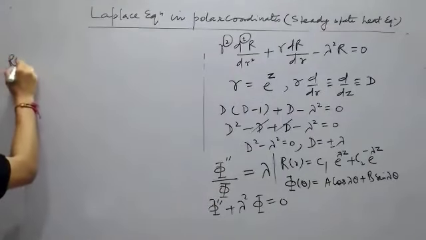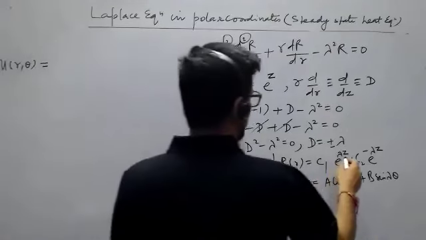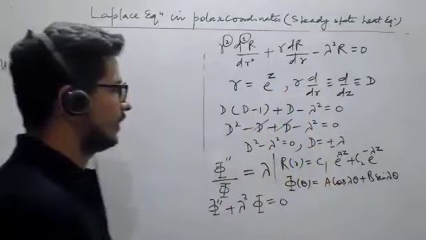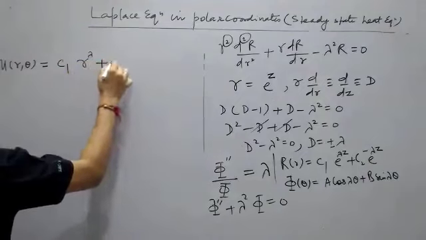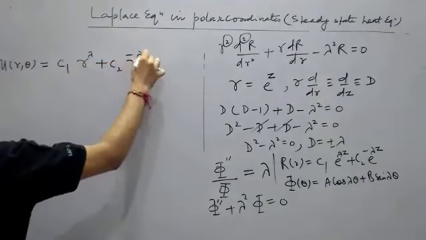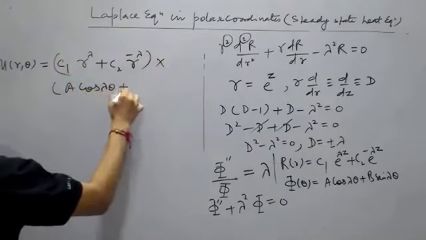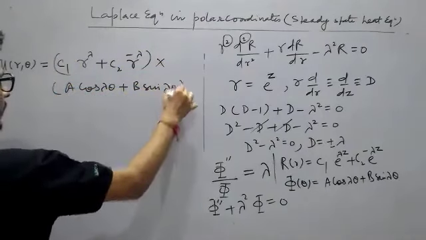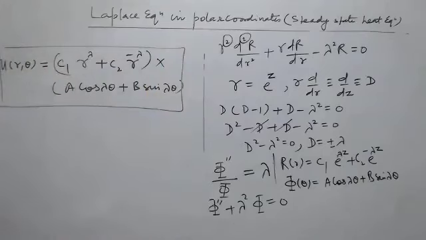We got a solution like this: u of r comma theta is equal to, and we have to write it in the form of z is equal to log of r, so it will become C1 r to the power lambda plus C2 r to the power minus lambda, into A cos lambda theta plus B sin lambda theta. This is the result. Look carefully, if there is any doubt you can ask. Please check.